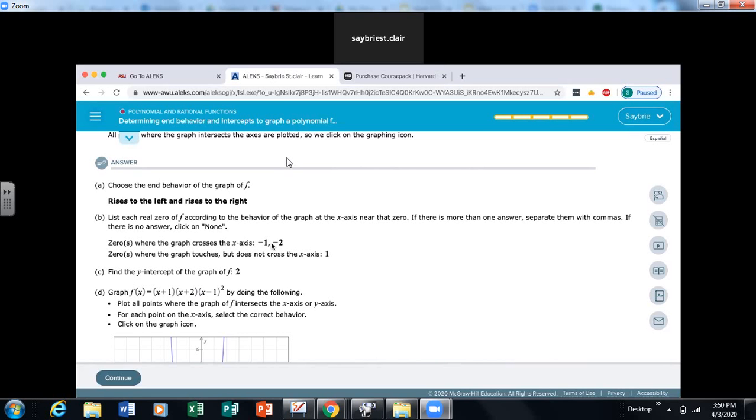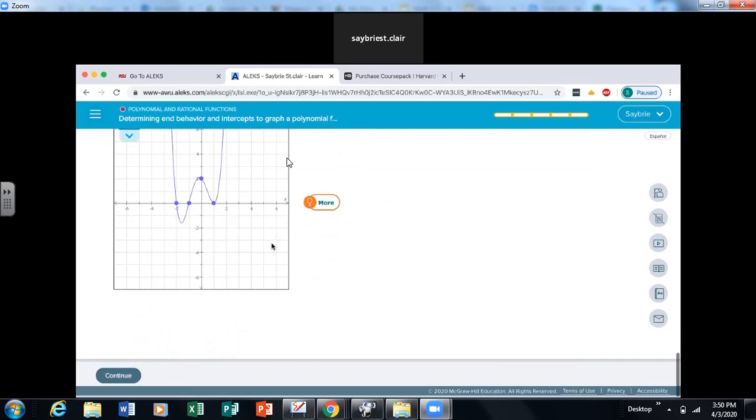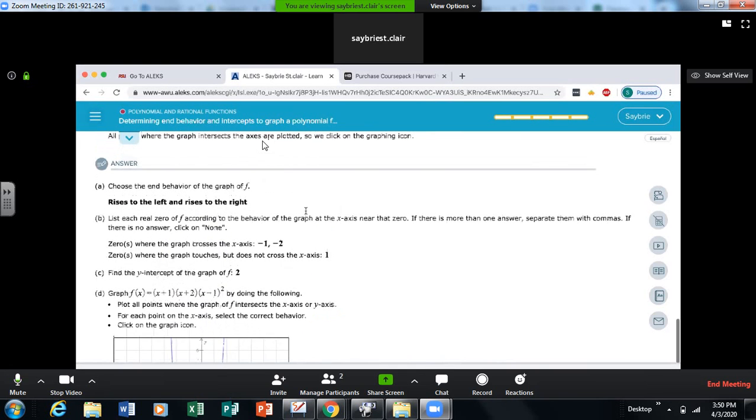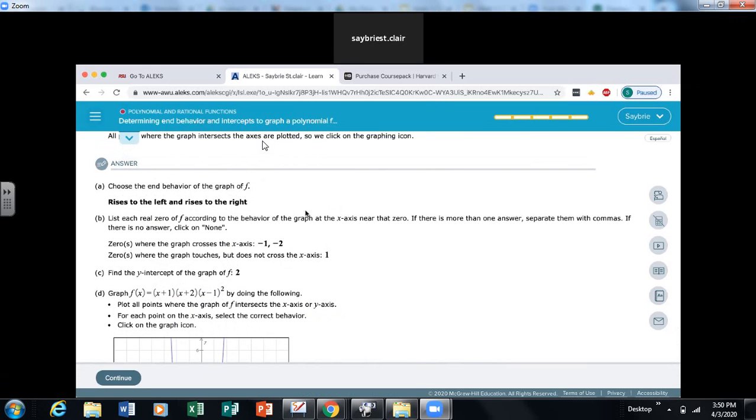Oh, you did? Oh, yeah. Okay. Go up a little bit. So -1, -2, but that multiplicity one. Oh, yeah, because we listed that 1 as one of the places where it's crossing the x-axis, but it's not.